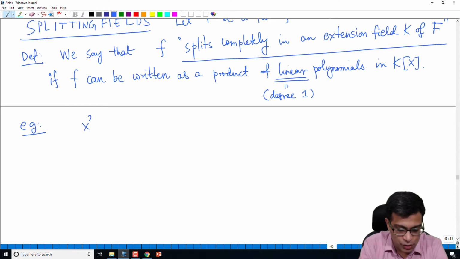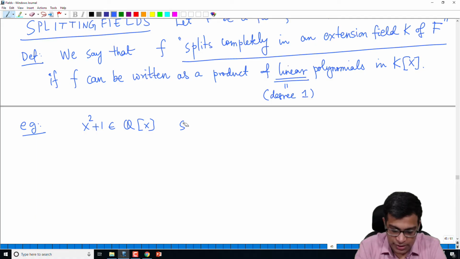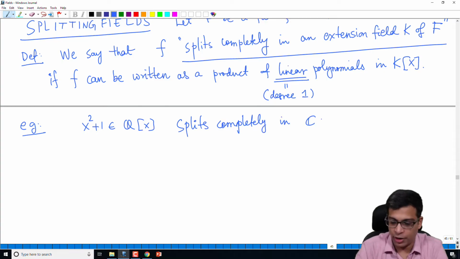So for example, x squared plus 1, which is a polynomial over the rational numbers, splits completely in C, right?